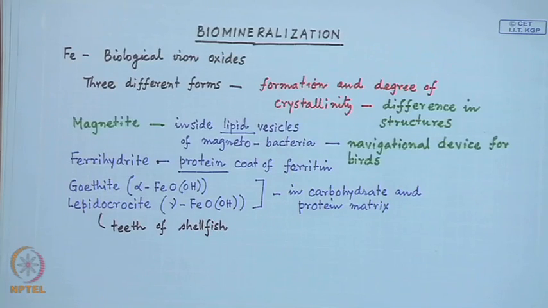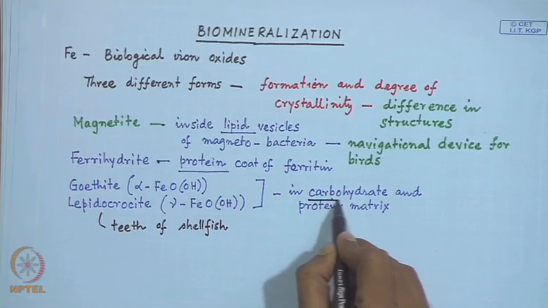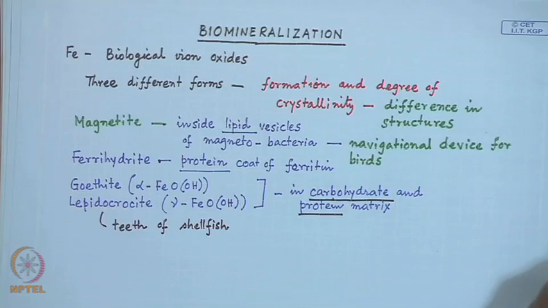All this formation, whether in lipid, protein, or a carbohydrate and protein mixture, depends not only on the availability of the iron site but also on the other anionic form which is utilized for precipitating the iron in this particular form.